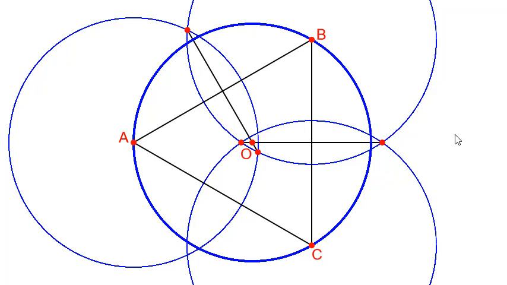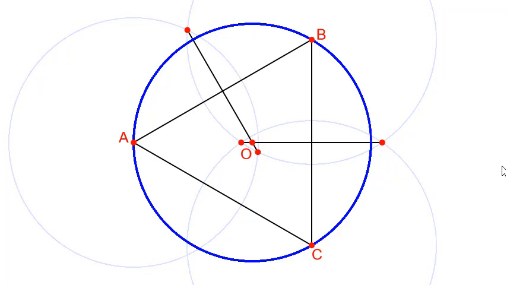So now we know how to do this construction. We want to take a look at why it works. So I'm just going to fade out these background circles, which we used to find the perpendicular bisectors. And now what we're going to do is draw a line from each of our three vertices to the point O here, the circumcenter, and we'll label these 2 points of intersection.